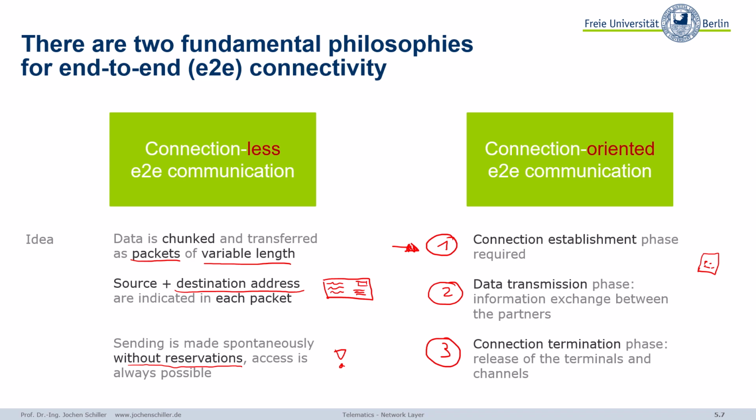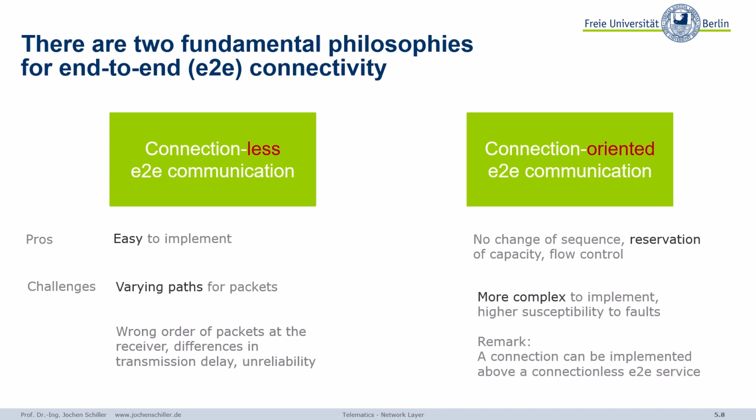Okay, so there are pros and cons for this. So for the connectionless, as you can imagine, it's very easy to implement. Remember, you drop your postcard, write the destination address, valid stamp, and that's it. Very easy. The problem here is you can reorder the postcards, your packets.